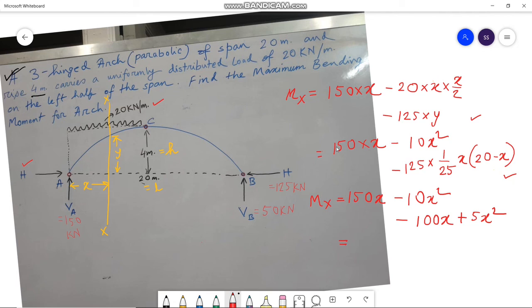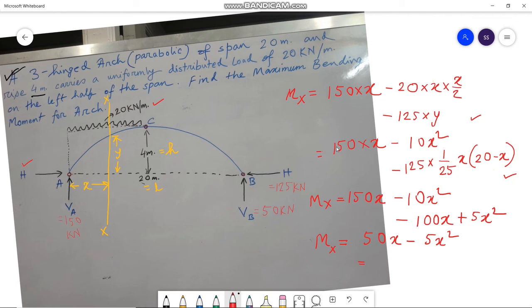Upon further simplifying, we get 50x minus 5x squared. So mx, that is moment about section xx, becomes 50x minus 5x squared.